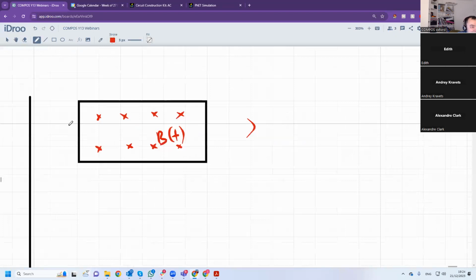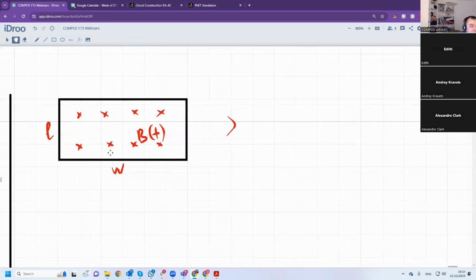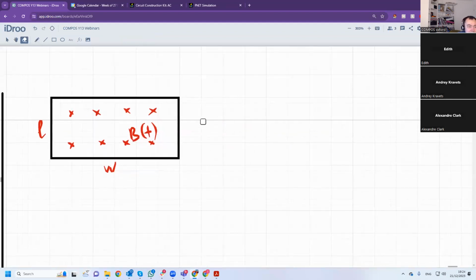And the area is, let's call it L and W. And yeah, so we have B, the magnetic field, changing.